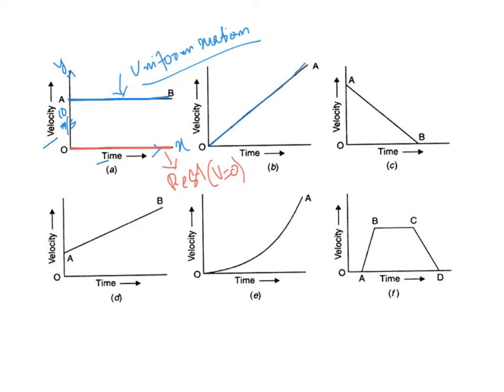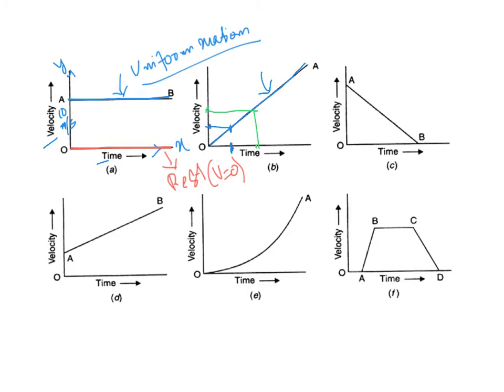what kind of motion? Is the velocity constant here? At this point the velocity is this, at this point the velocity has changed.